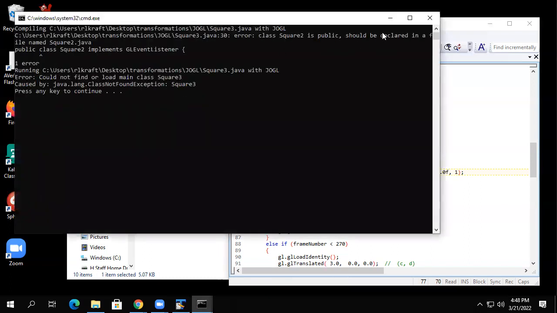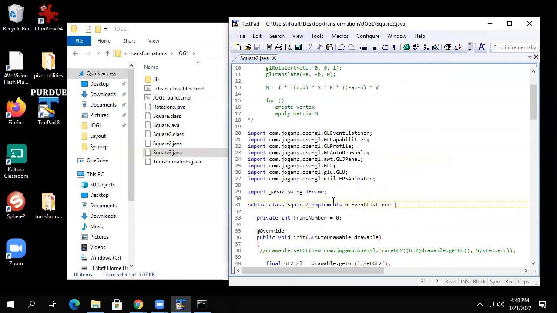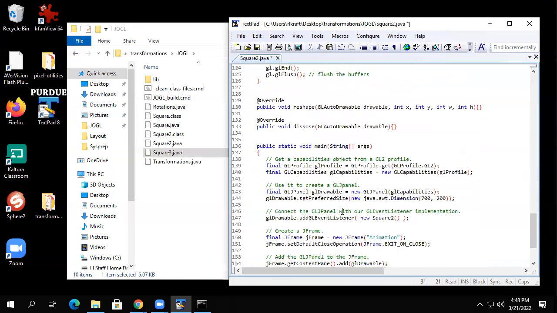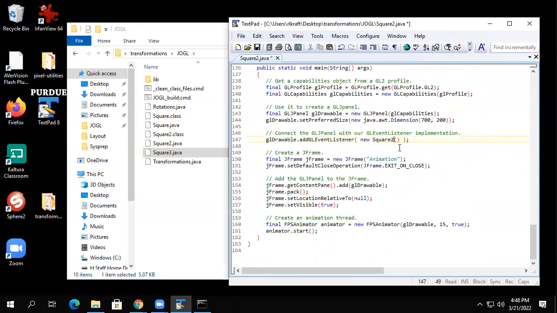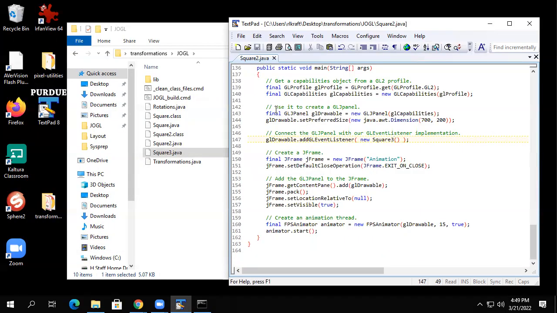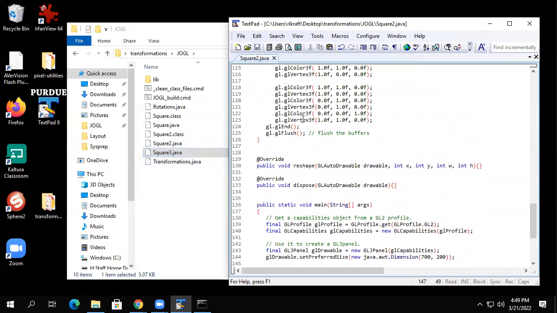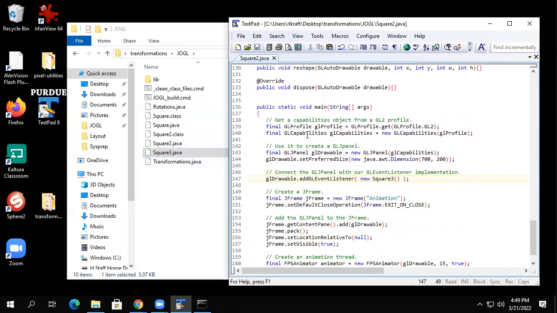Oh, what did I do wrong? Oh, first I've changed the name, and I've changed the name in 2 places. Oh, wait a minute. Oh, I was writing it square 2.